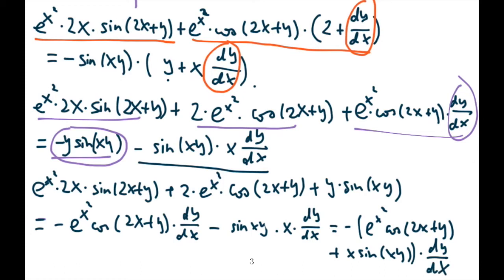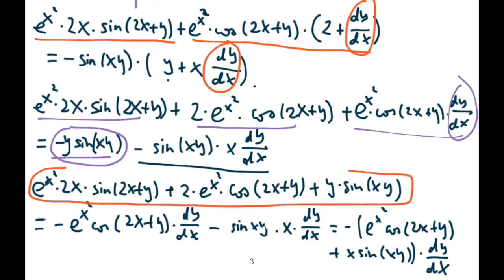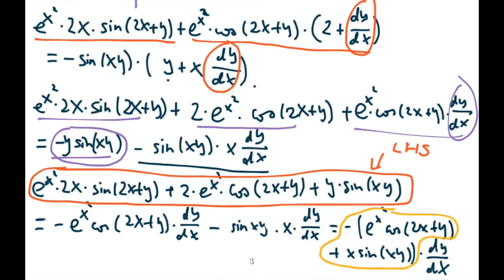Okay, so now we have an equation. Its left-hand side is in this red box, and I'm going to denote this as the left-hand side, LHS, equal to a coefficient in the yellow box.